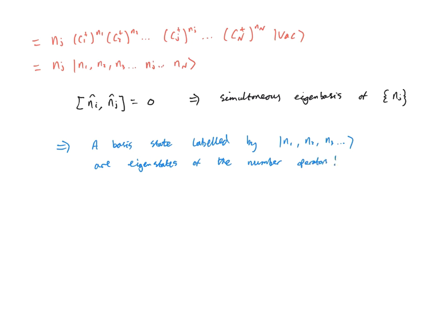Simultaneous eigenstates of all of those number operators, and n1, n2, n3, and so on are quantum numbers. So they're good quantum numbers to actually label these states. And this is what we finally call the occupation number basis.